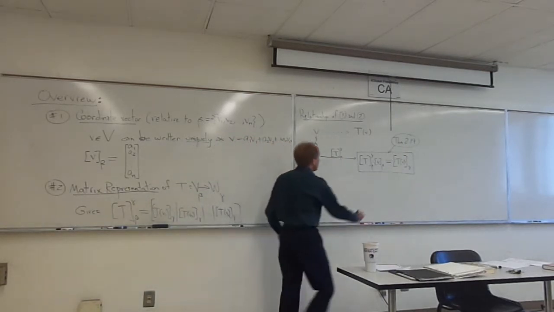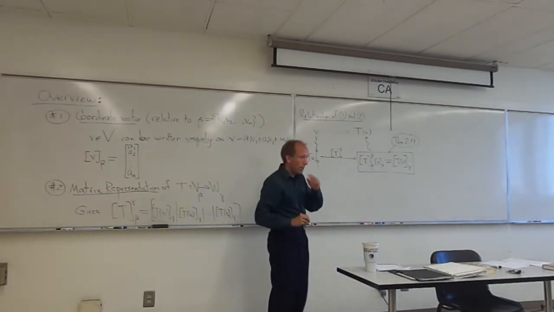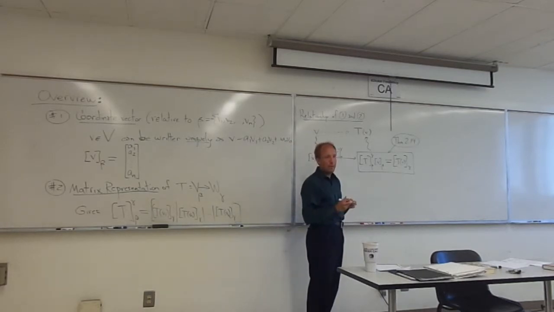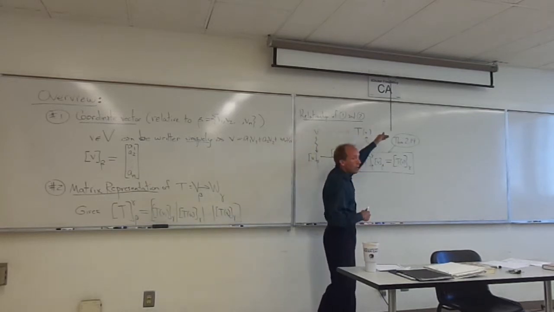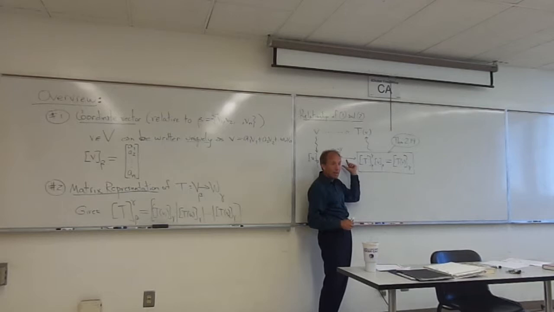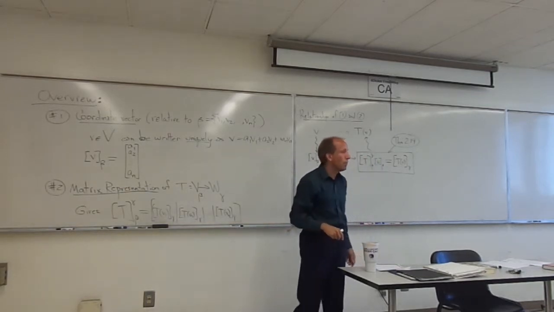So you just go back and write down what T of V is. That's a way of computing T of V by using the matrix representation. Why would you want to do that? Well, maybe I don't give you a direct formula. Maybe I only give you the matrix, right? Then you would need to think of it in this format.